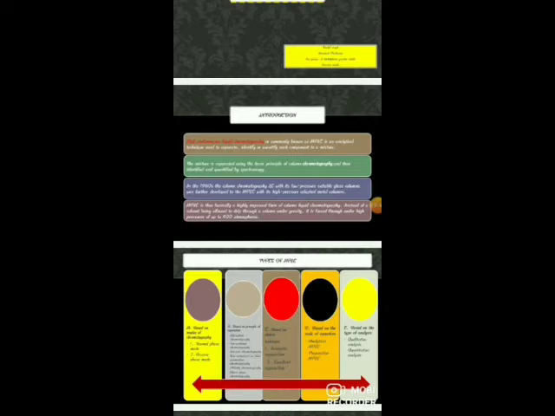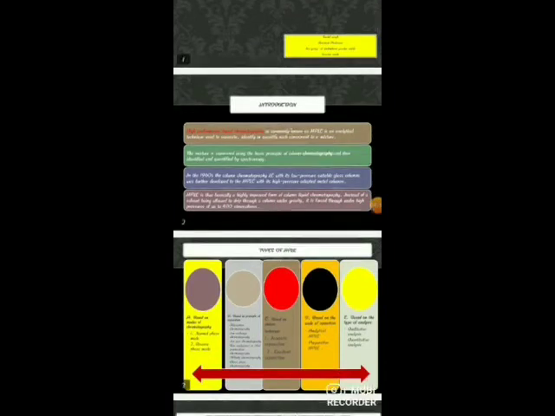So we use two types of stationary phase. We use normal phase and reverse phase. In normal phase, generally silica gel is used. Now in reverse phase, ODS silica gel is used. ODS means octadecyl. It is an acyclic hydrocarbon which contains C18, means 18 carbon atoms.